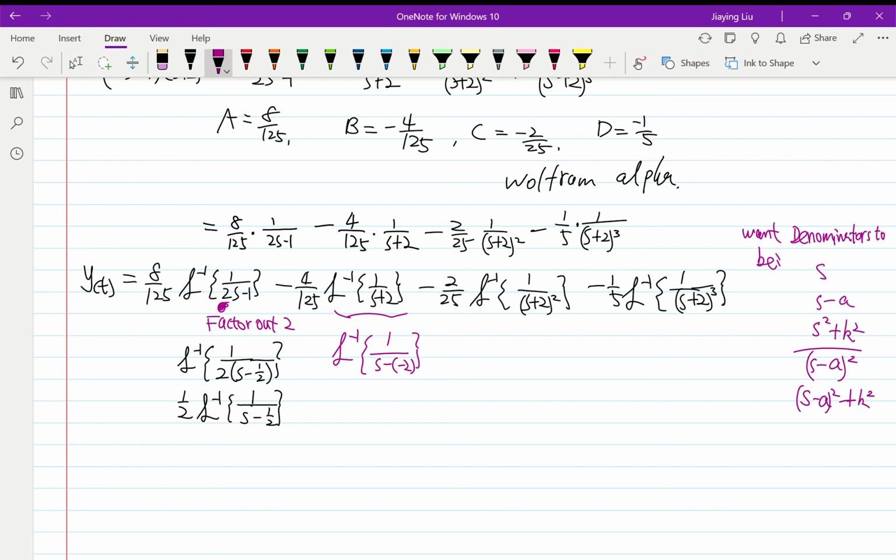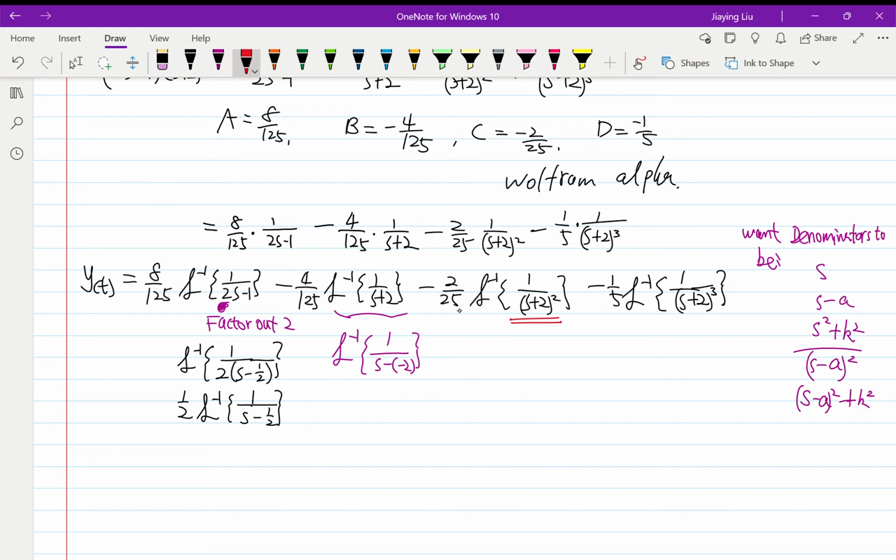The next one is s plus 2 squared. It's not the first three, but it looks like in this case, okay, that's fine. So if we have something s minus a squared, we can actually apply the s translation by replacing s plus 2 with a new s. So this part, we can replace it with just a new s.